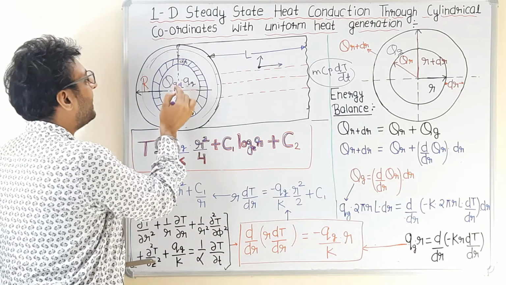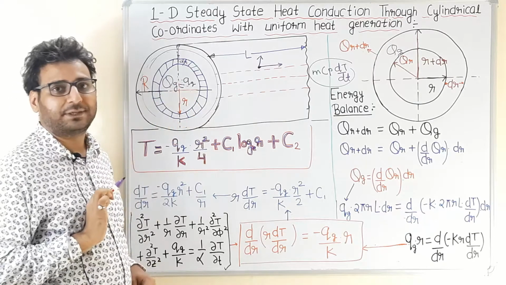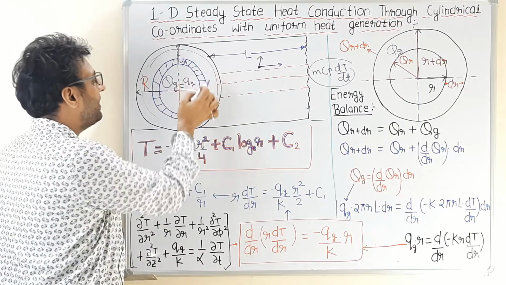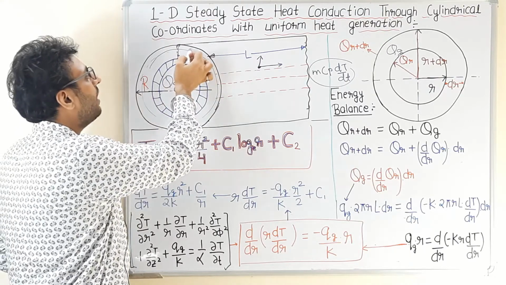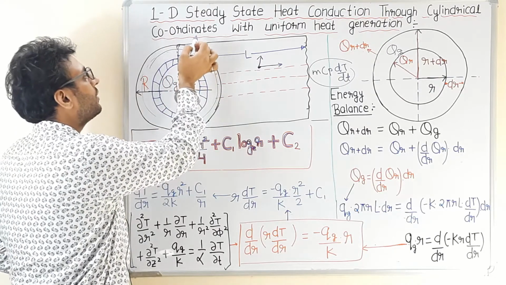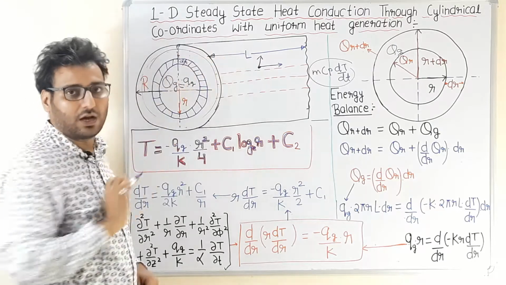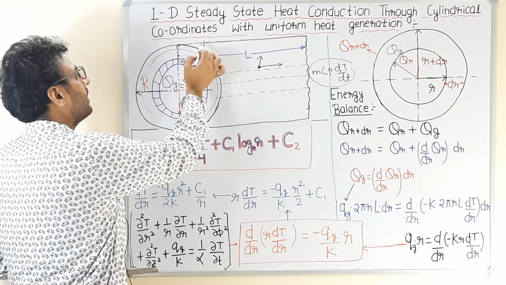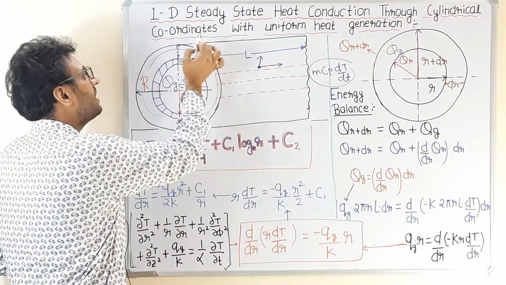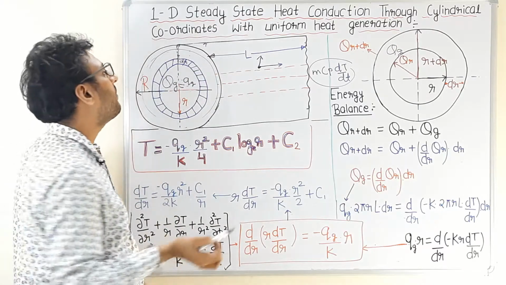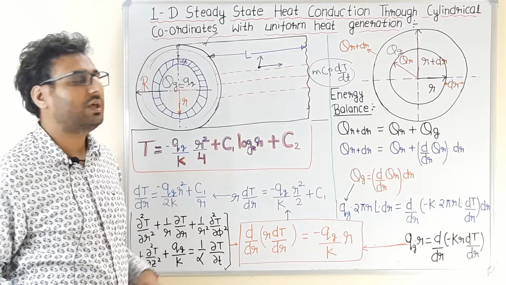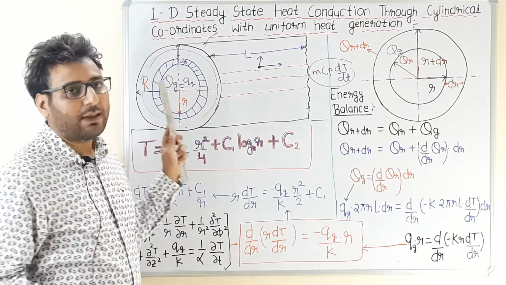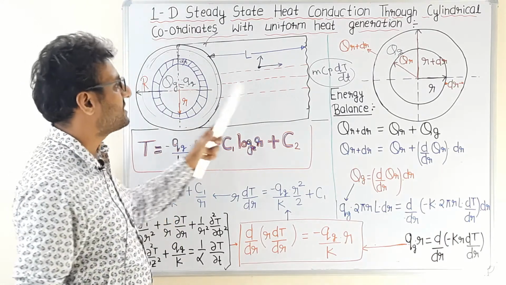Now to maintain the steady state, it is mandatory that the rate of heat generated in the total volume of the cylinder should be equal to the heat conducted to the surface of the solid, and the heat conducted to the surface of the solid should be equal to the heat convected out by this surface to the atmosphere. This is the basic mandatory condition to maintain steady state.